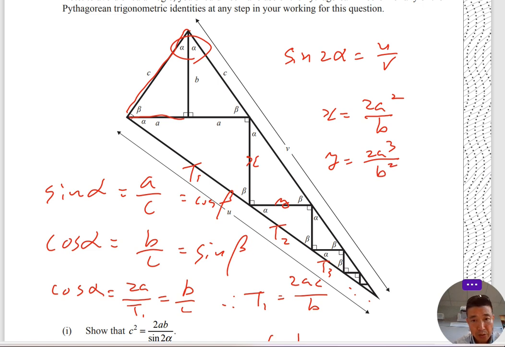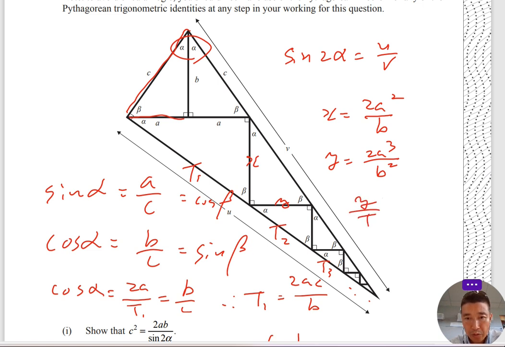Okay, so T2, let's find it out. I can find it this way easily.